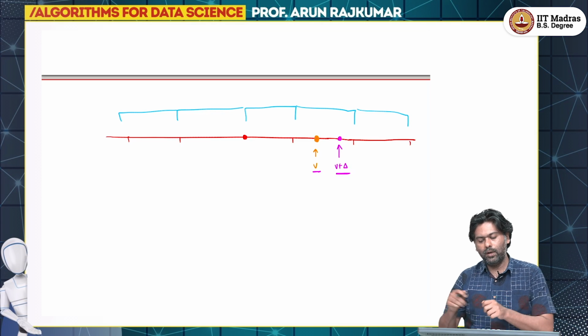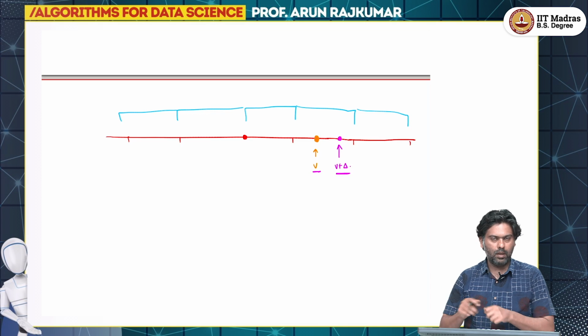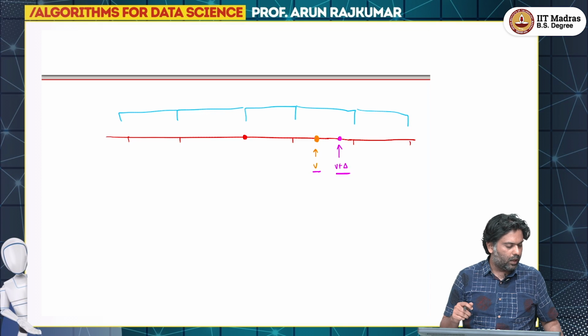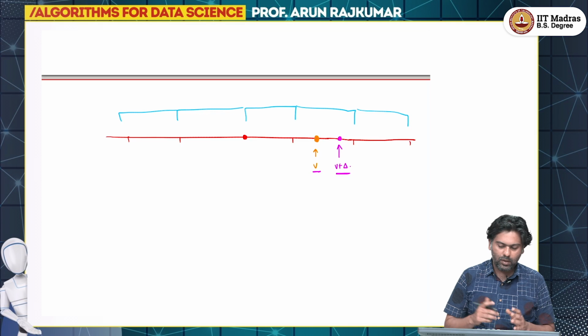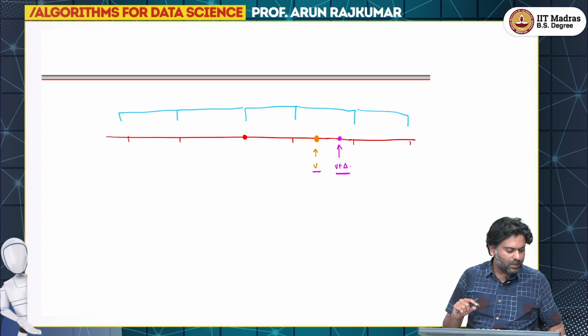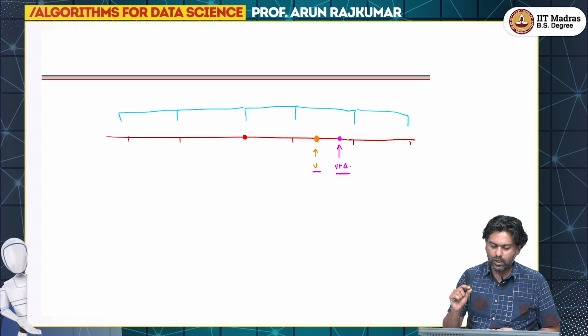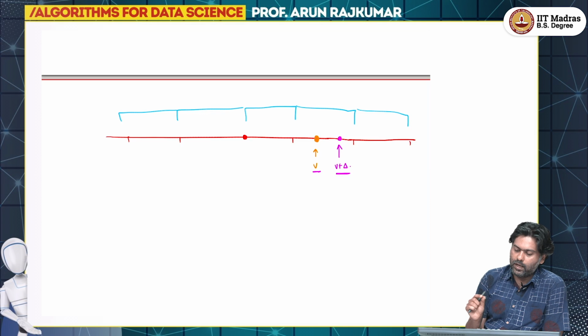Now I know, let us say absolute value of delta is within W, because if that does not happen, then I do not have a chance that they are going to be in the same box. Now the question that I am asking is how much can B be, right.